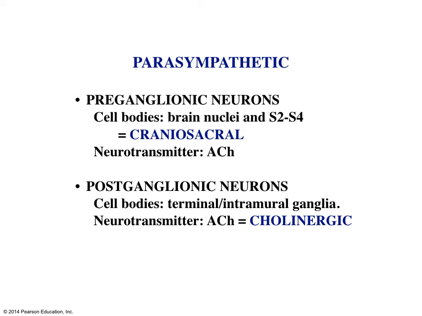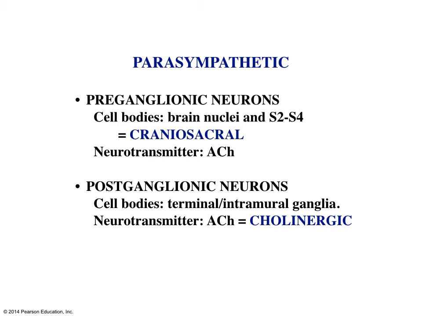Summary over here, again, parasympathetic division, preganglionic neurons. Where are the cell bodies located? Either the brain or S2 through S4. They secrete ACH.